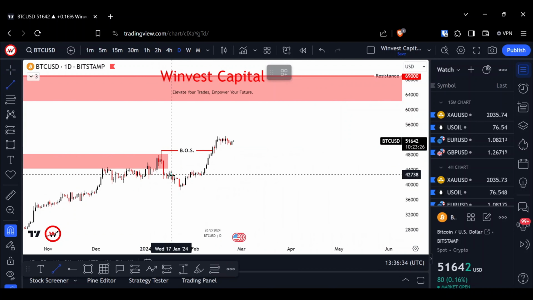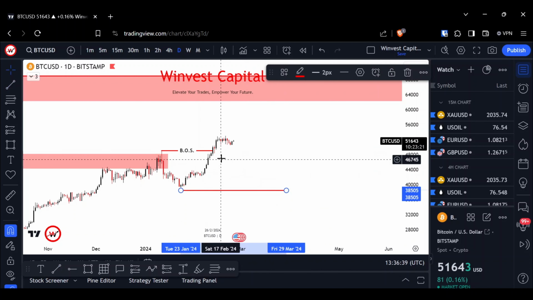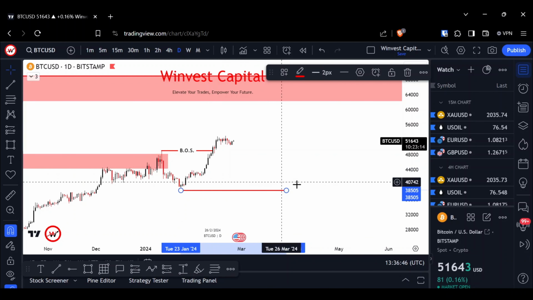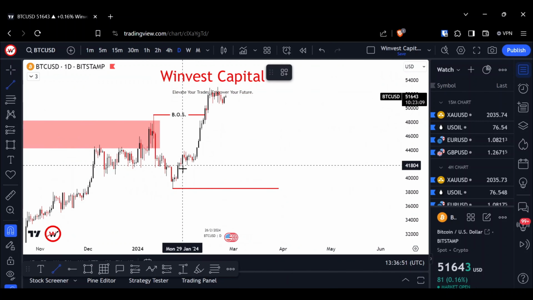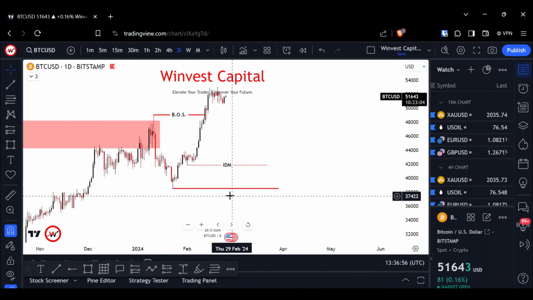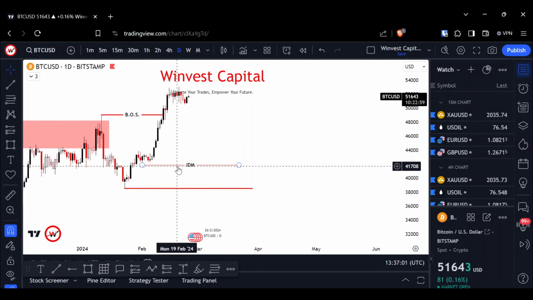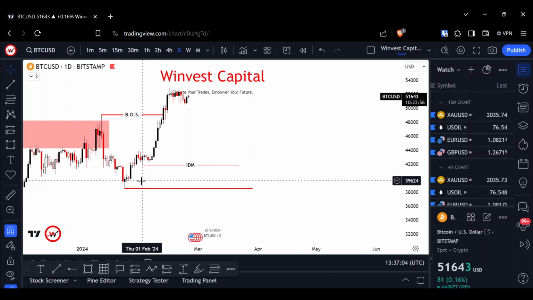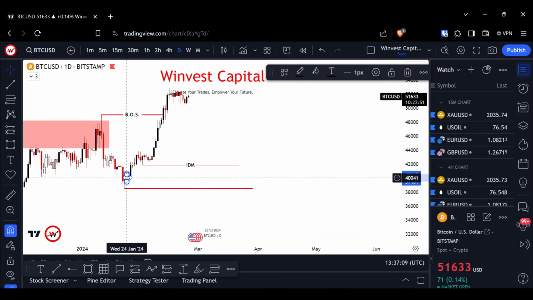This would be the major support, and while we're at major support, we would look for the first pullback, the IDM, and that would be around here. While this is the IDM, then our first valid order block will be this candle right here.